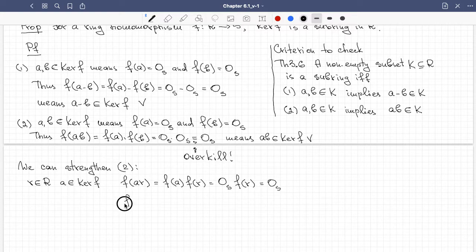Similarly, F of RA is F of R times F of A, which is F of R times 0, and this is again 0 in S. I need to check both because AR and RA may be different elements.